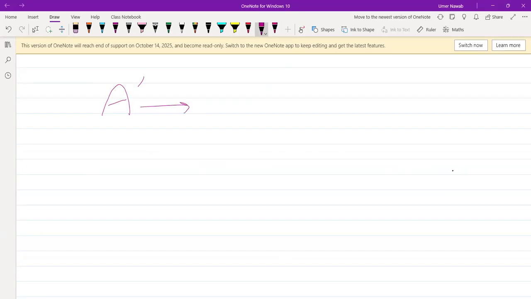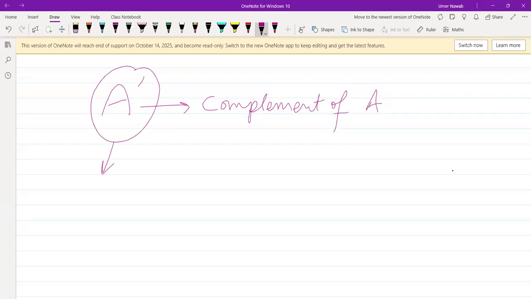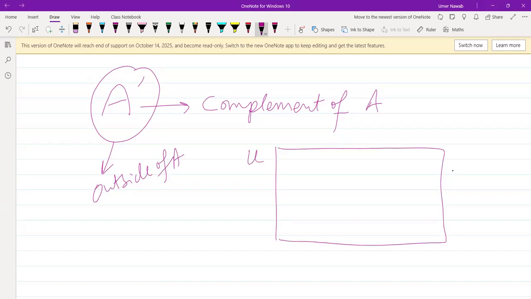A dash is called the complement of set A. Or in other words, A dash means outside of A. Suppose I have a universal set and I have a set A. This is set A.